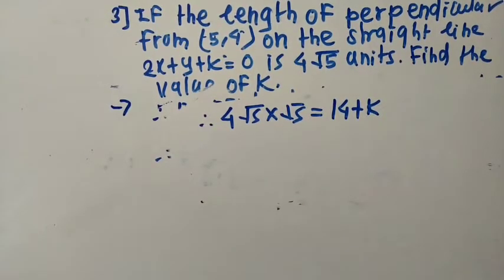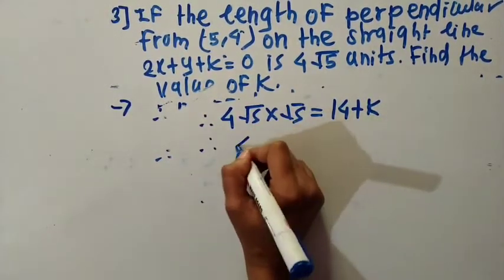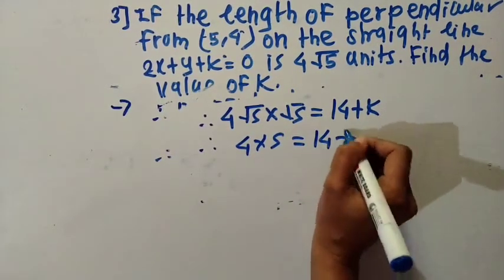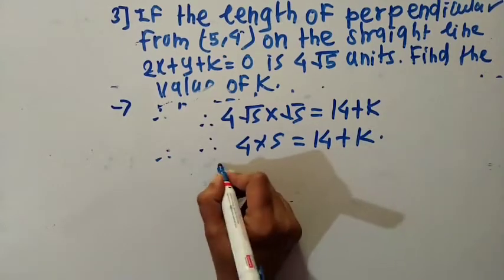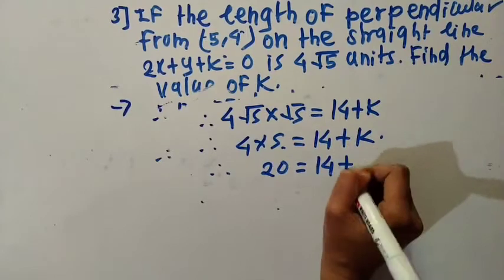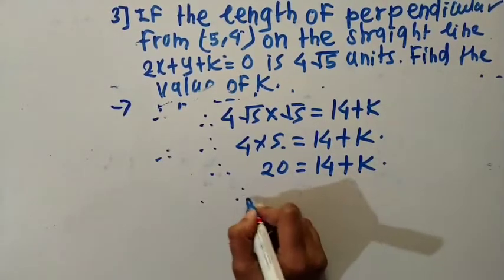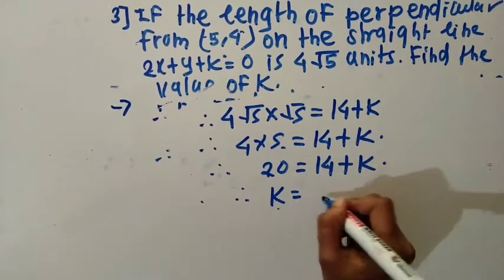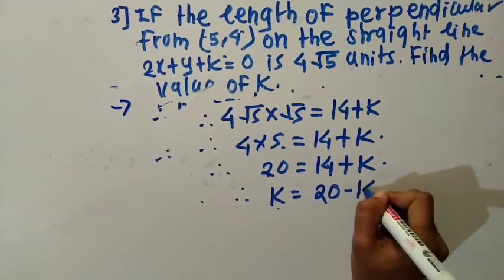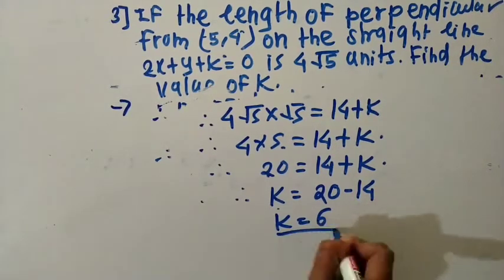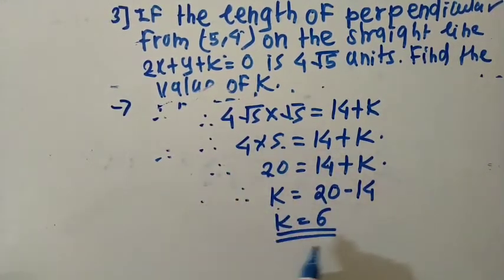But root 5 into root 5 is 5, so 4 into 5 is equal to 14 + k. Hence we get 20 = 14 + k. Hence k = 20 - 14, so k = 6. Hence this is the value of k.